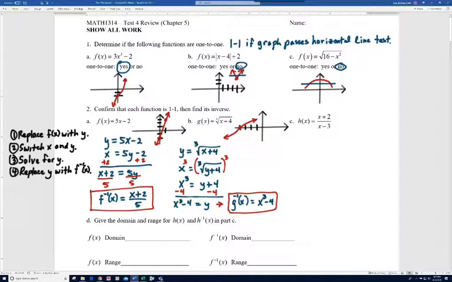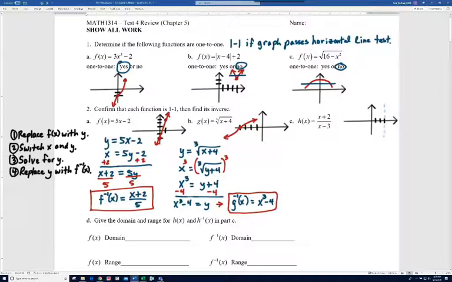All right, on C, it'd probably take a little bit of time to graph that one. I mean, you'd start by finding the vertical and horizontal intercepts, or asymptotes, and then find a few points. I'm just going to go ahead and put the graph up here.